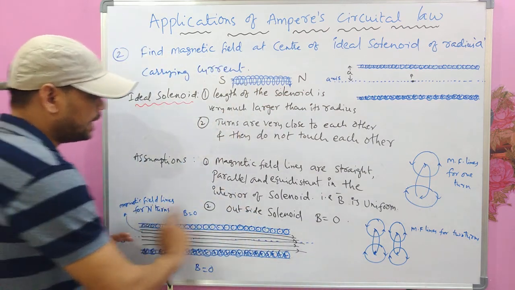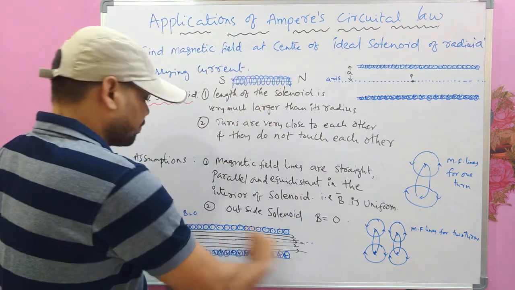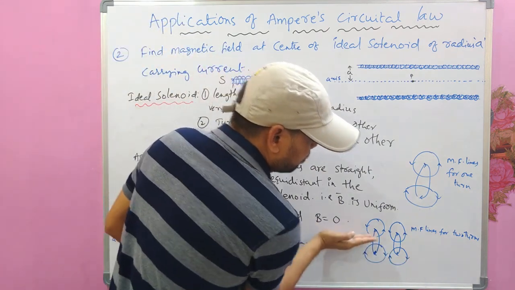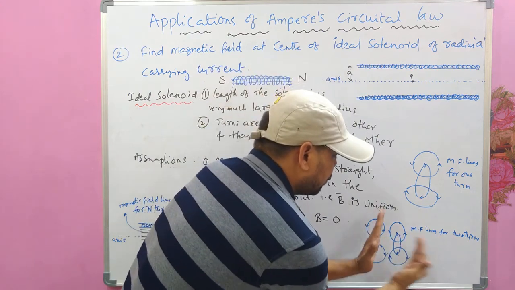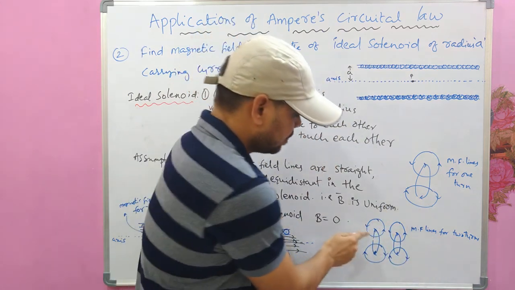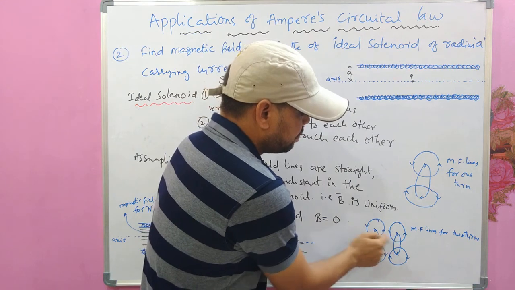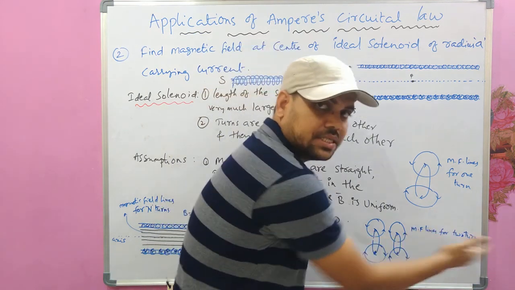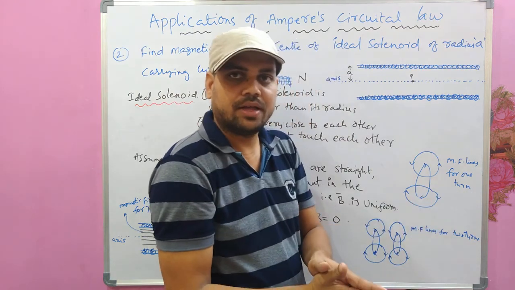Magnetic field lines for n turns. In the interior of the solenoid, that is here, because the turns are very close to each other, all the magnetic fields will be added up.